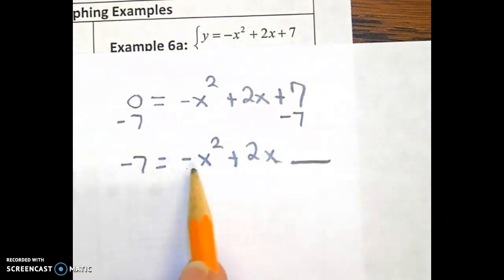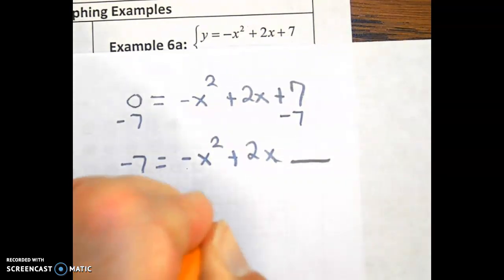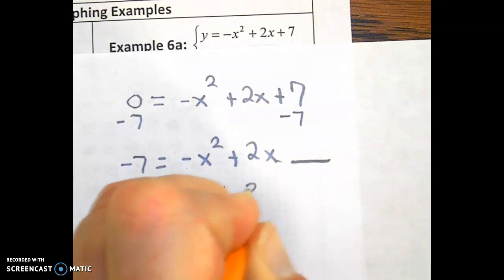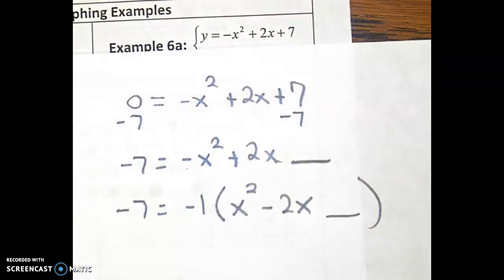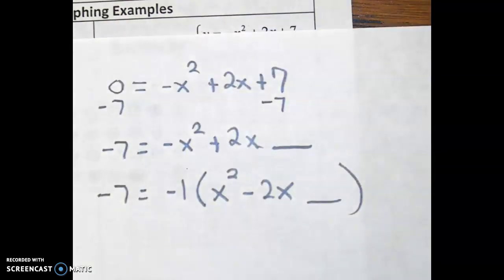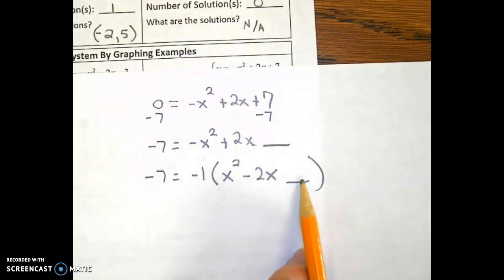Well, our a value is a -1, which means we're going to have to factor it out. Then we're going to complete the square.